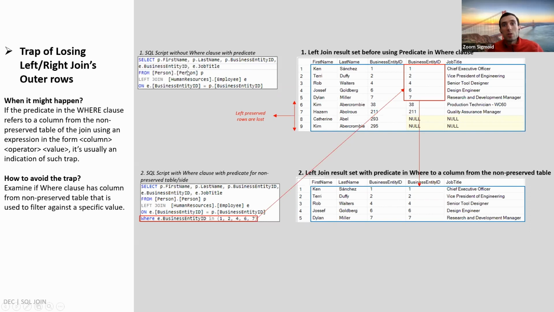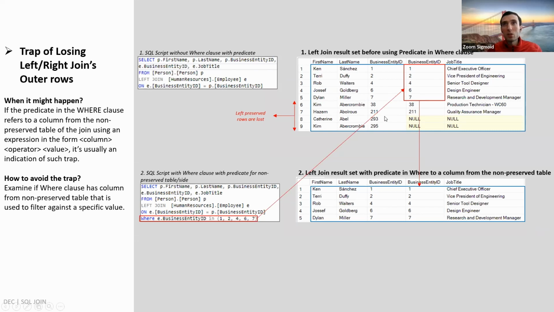Person table, which is on the left side, and employee table, which is on the right side. And you saw those tables in the first part a lot. And we join those two tables on the business entity ID column. And you can see those two here. This is for person table, this is for employee table.